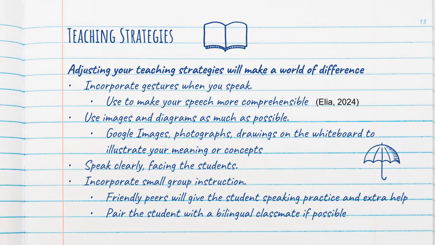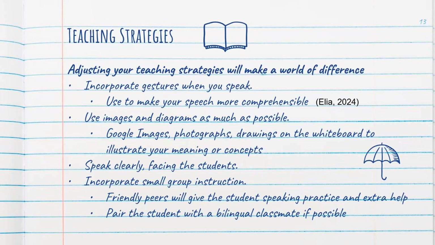And then lastly here, incorporate small group instruction. So when you have the new students grouped with friendly peers, not only will they get speaking practice, but they will also get extra help on their assignments. So when you have a class of 25, even 30 students, it is hard to give your English learner as much help as they need.